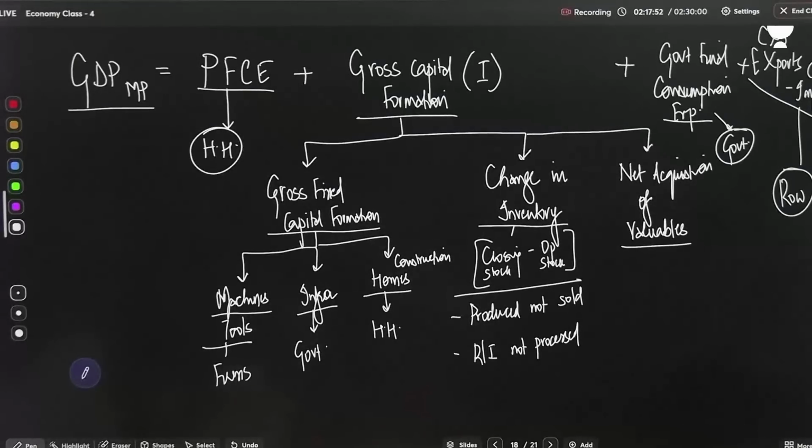Is this clear? Something which is produced in India but bought by someone else. Firms can buy, or the household can buy it, government can buy it, it could remain with the firm, or it could be bought by someone else. Someone else is the export outside India.